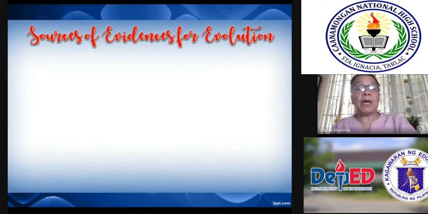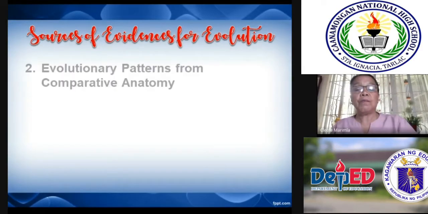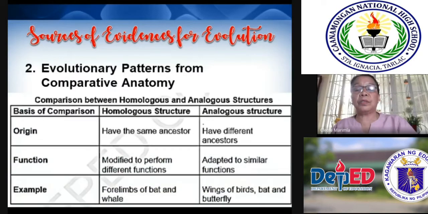Here is a comparison between homologous and analogous structures. Example, forelimbs of bat and whale. They have the same ancestor and perform different functions.